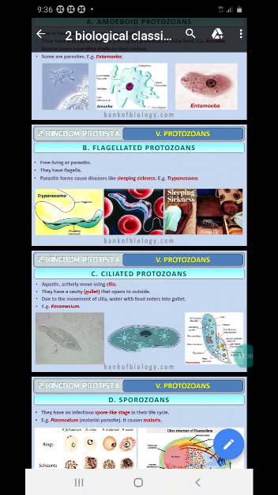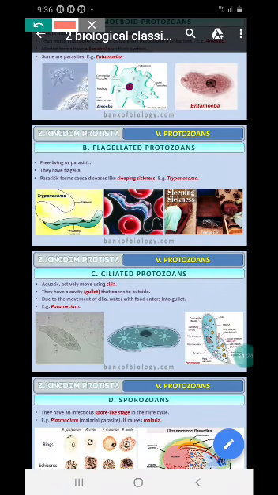Okay. Next comes the ciliated protozoans. As the name says, these organisms have many small hair-like structures which are called as cilia. The best example is paramecium. And what is the use of this cilia in paramecium?